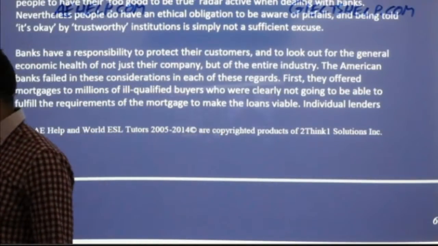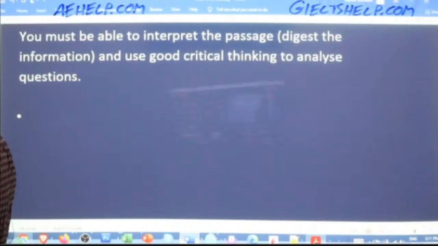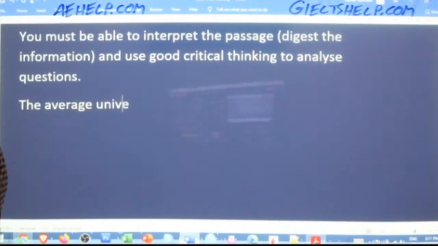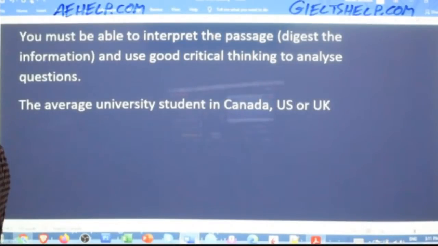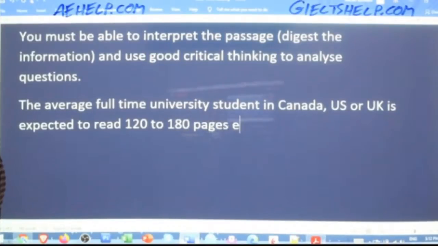Keep in mind that the average university student, okay, so I'll make a note of this so you're aware, the average full-time student in Canada, US, UK, Australia universities is expected to read 120 to 180 pages each week.